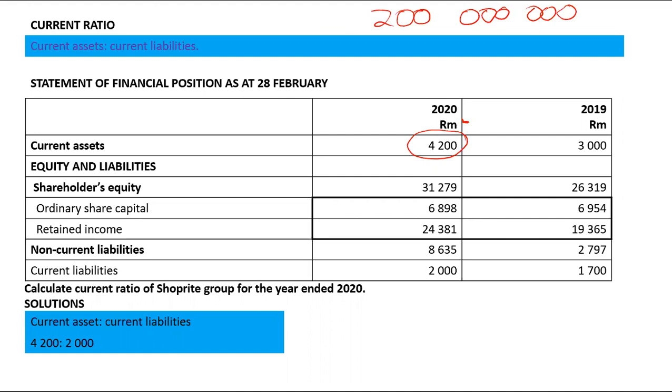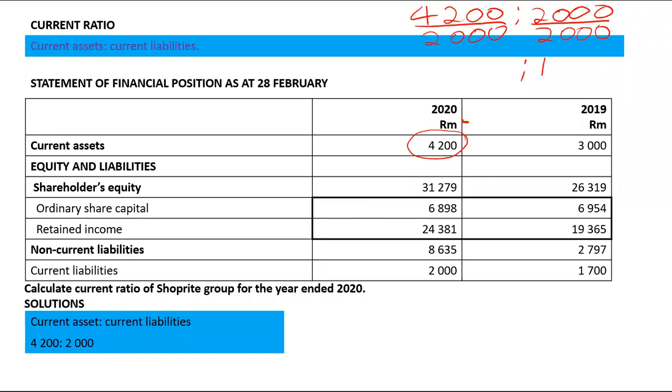So I've got 4.2 on this side and 2,000 on this side. To make sure I'm left with 1 on the right-hand side, I'm going to divide both sides by 2,000. This will give me 1.